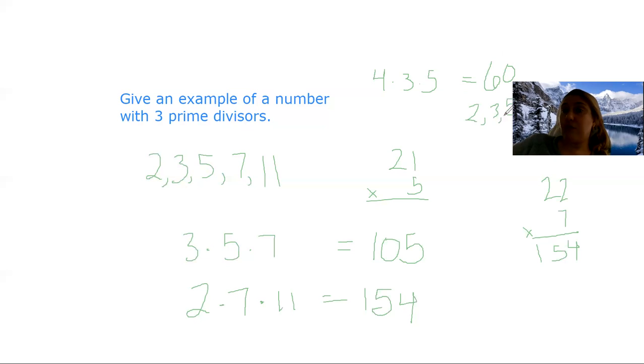These would be 3 prime divisors of 60. I just happen to pick a higher power of 2, but it still makes 2 a prime divisor because 2 is contained in 4. So I think that should do it for this segment.